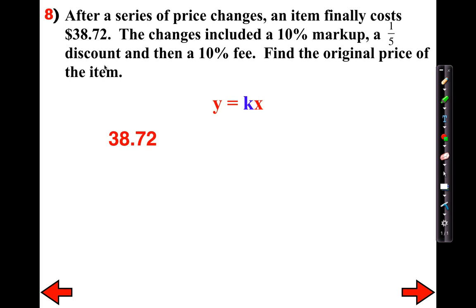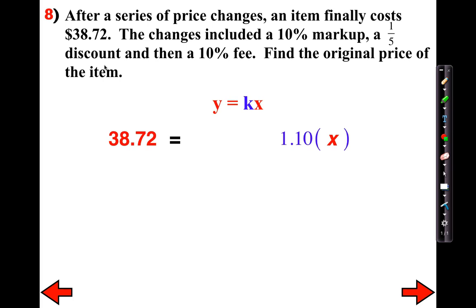If the change included a 10% markup, markups make things more expensive, so I'm going to do 100 plus 10%, which is going to be 110%. So I'm going to take 110% of some value that I don't know yet, so I'm going to call it x. So it's going to be 110% of x. And 110% expressed as a decimal would be 1.10.